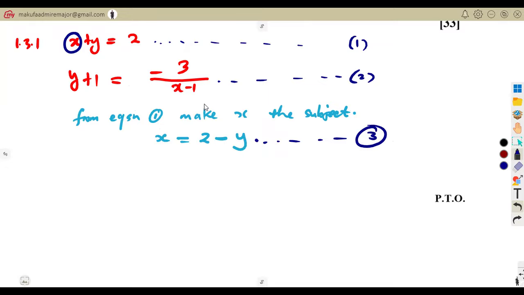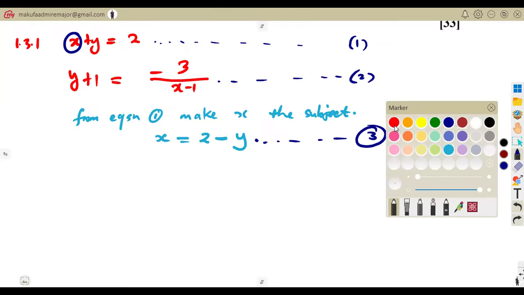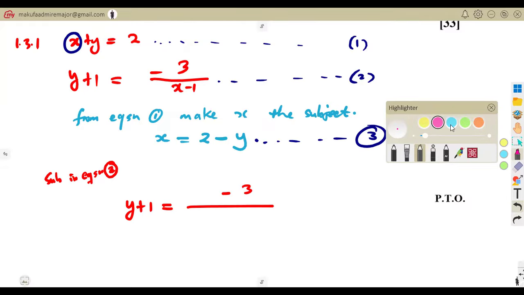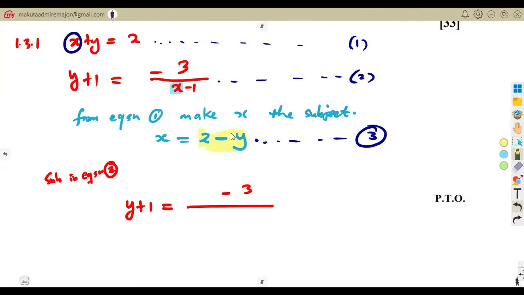All right. So since I made x the subject from equation 1, I'm going to substitute in equation 2. Whatever I'm having now must be substituted in equation 2. So you substitute in the other equation. So in equation 2, it is going to be y plus 1 is equal to -3 over, in place of x, where we can see our x, 2 minus y.